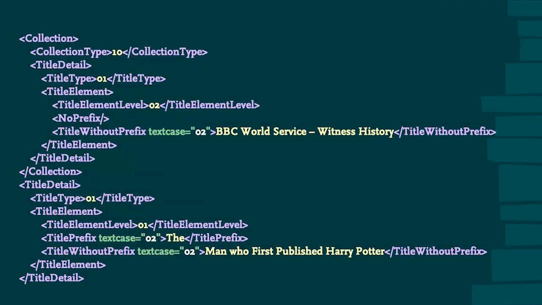Podcasts are also usually parts of series, and so as with any audiobook, if they're part of a series of books, you can send that in Onyx 3 using the collection information. So this one is an ongoing podcast from the BBC World Service. And this particular episode was called The Man Who First Published Harry Potter.